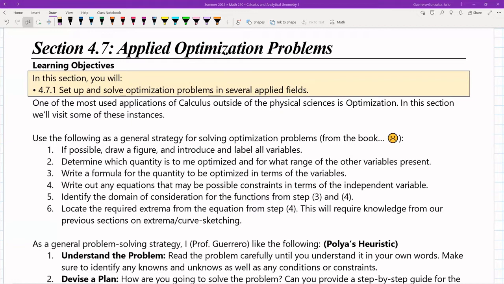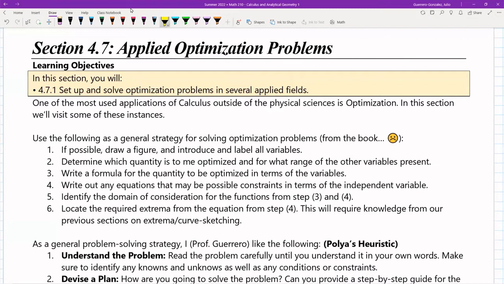What I want to go through first is a general strategy for solving optimization problems, and this one's from the book. It's got 6 steps: 1, 2, 3, 4, 5, 6. I want to cover the 6 steps really quick as it's done in the book.